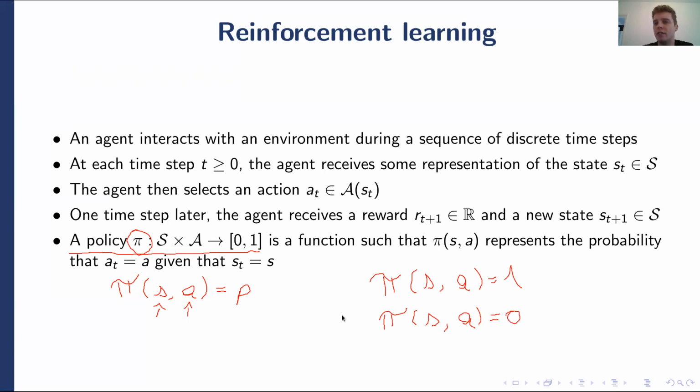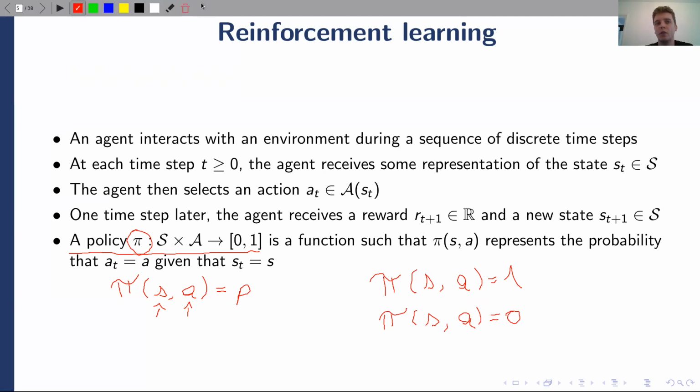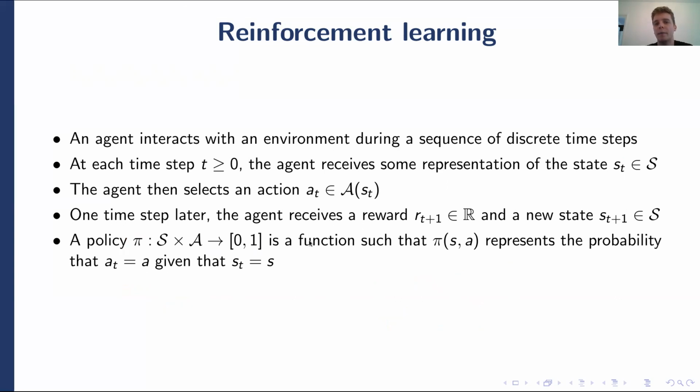However, a policy is flexible enough to allow us to make non-deterministic decisions. So maybe you have a state S, and you want to say that in state S, you have 0.5 probability of taking an action, let's call it A1, and you have 0.5 probability of taking action A2.